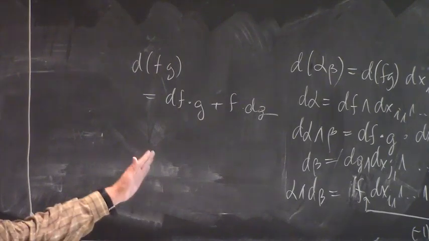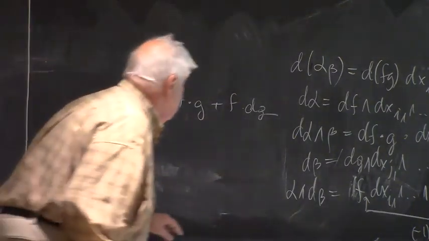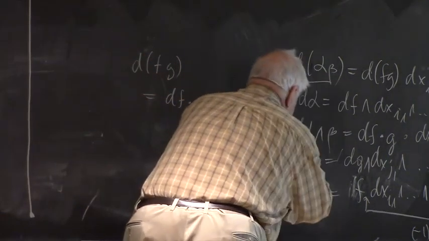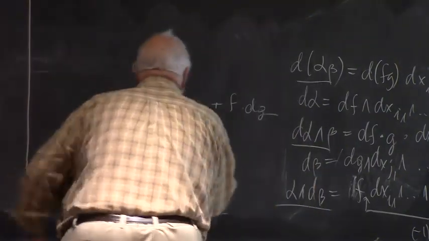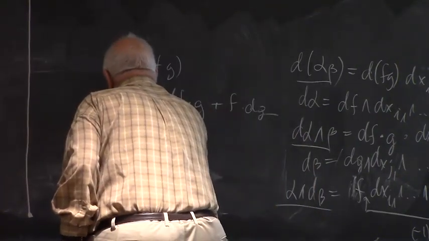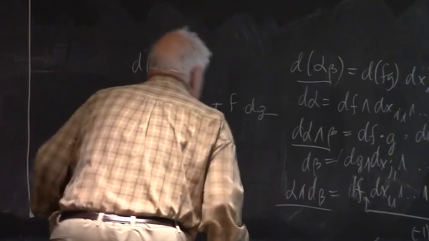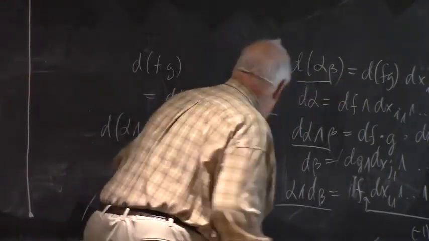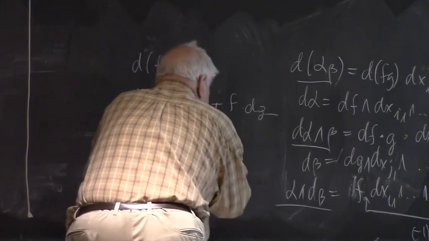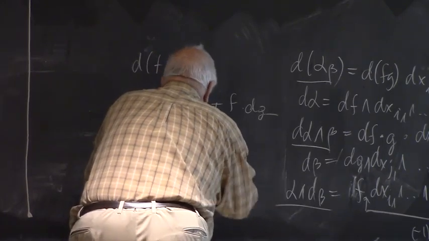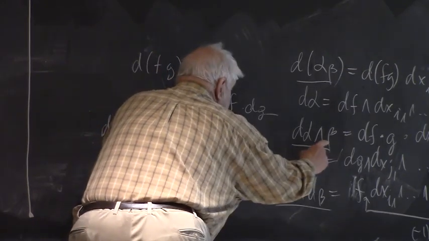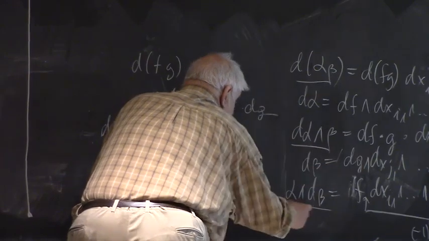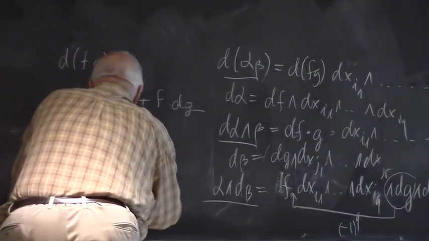And here, when you look at these formulas, d of alpha wedge beta, which involves this, is equal to d alpha wedge beta, which involves this. And here, this sign should be neutralized.